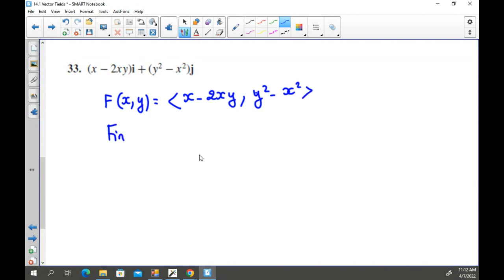So the question is to find f such that the gradient of f is equal to this. So try it. If you understood what we did, you should be able to do this without too many problems.